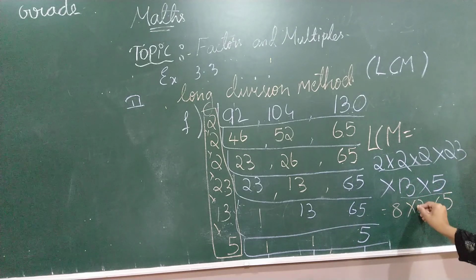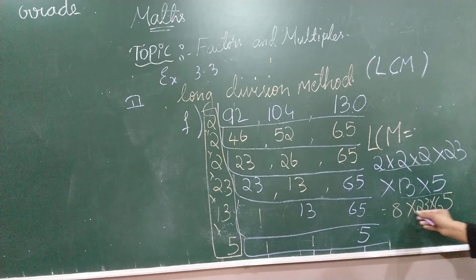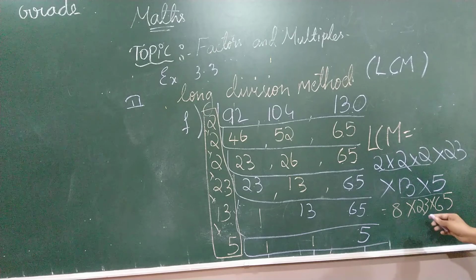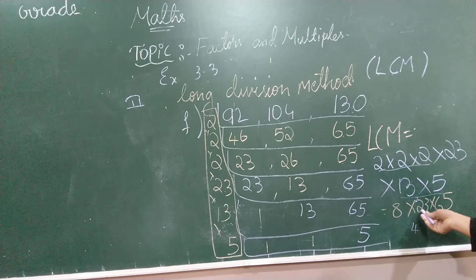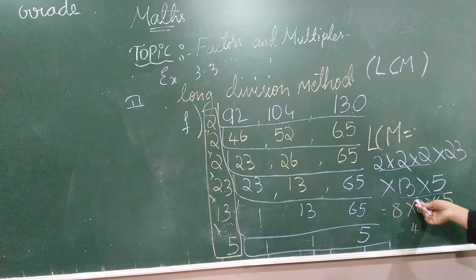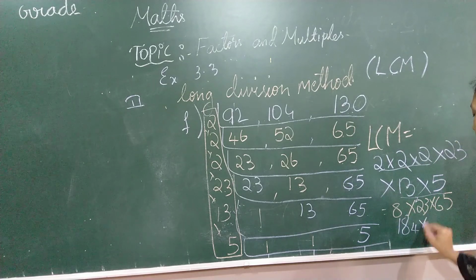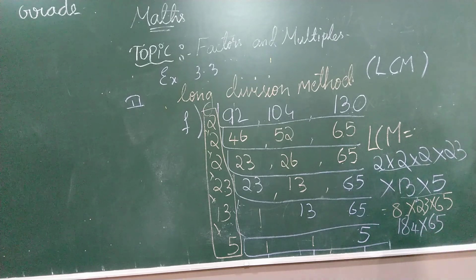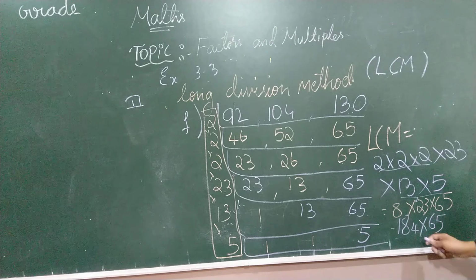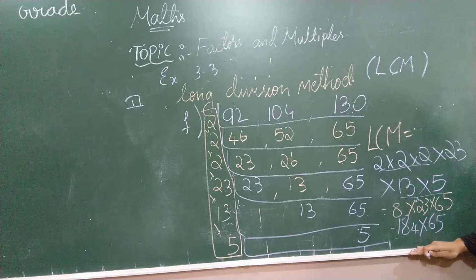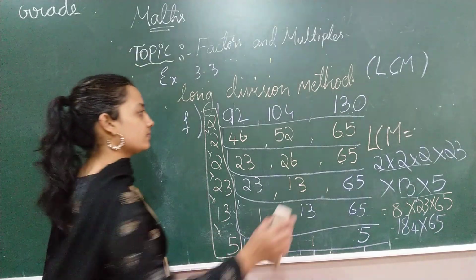Then 23: 8 3s are 24, 4 to carry. 8 2s are 16, 17, 18. So you have to multiply this now with 65 to get your answer. Since I don't have place, I have to erase this and go further.